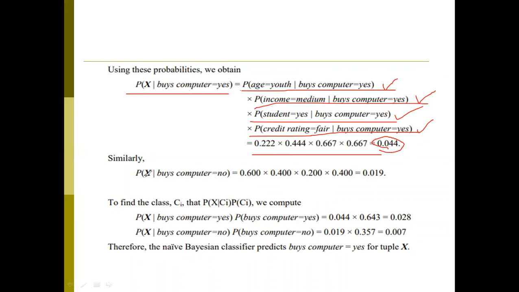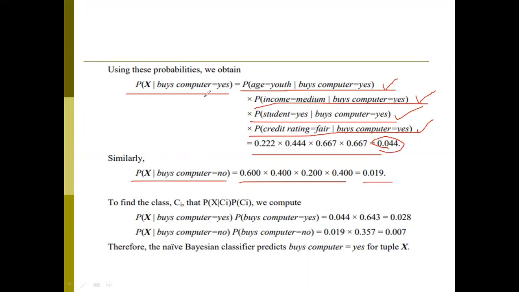Now we calculate P of X given no. P of X given no, as usual, the same way you can substitute the values here, then this is the result.